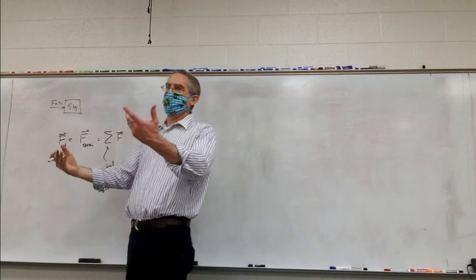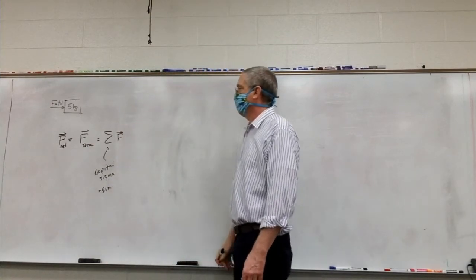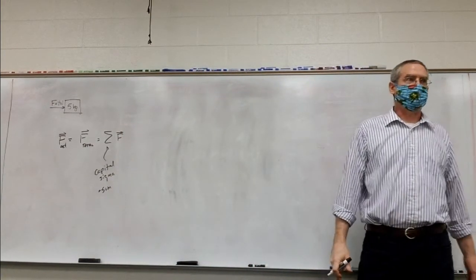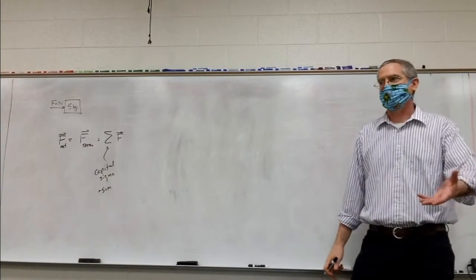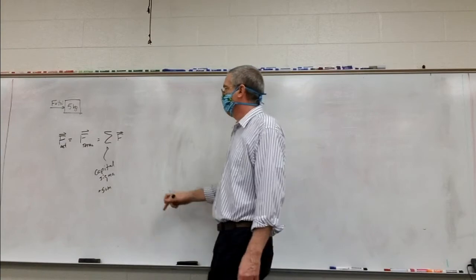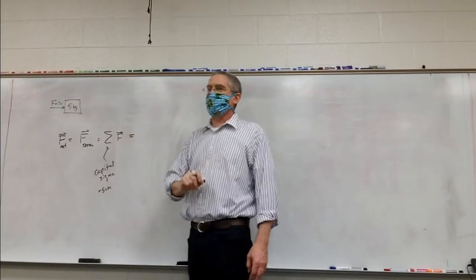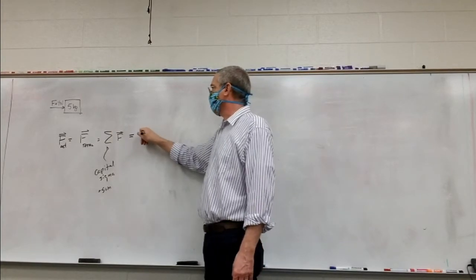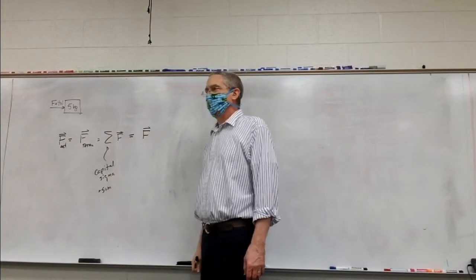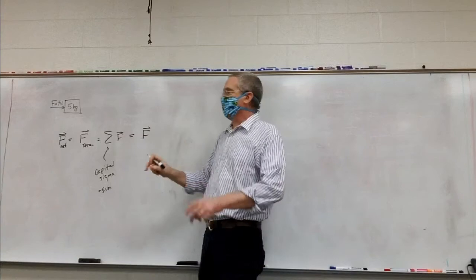In other words, you add them all up. Again, mathematicians and physicists want to write as little as possible, so they come up with these symbols. Now, most textbooks will not put any of that stuff down. All they're going to do is just write force, and you're supposed to know that this means total.